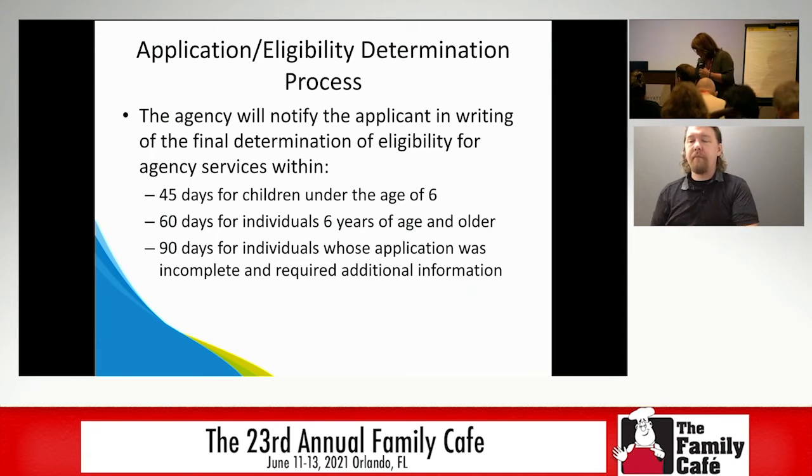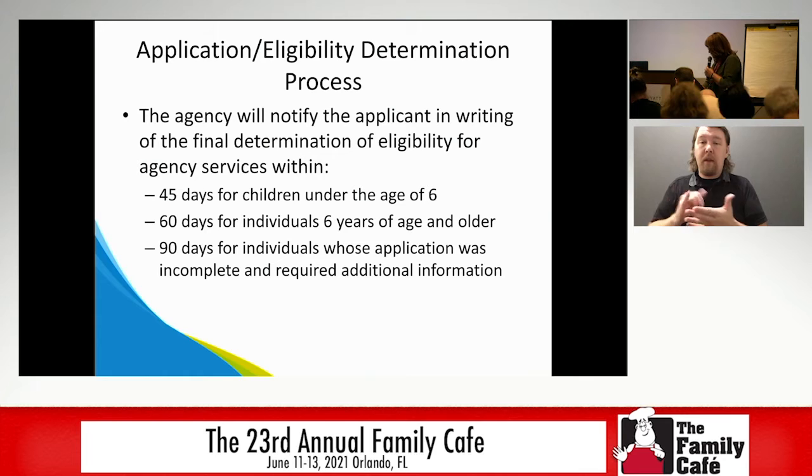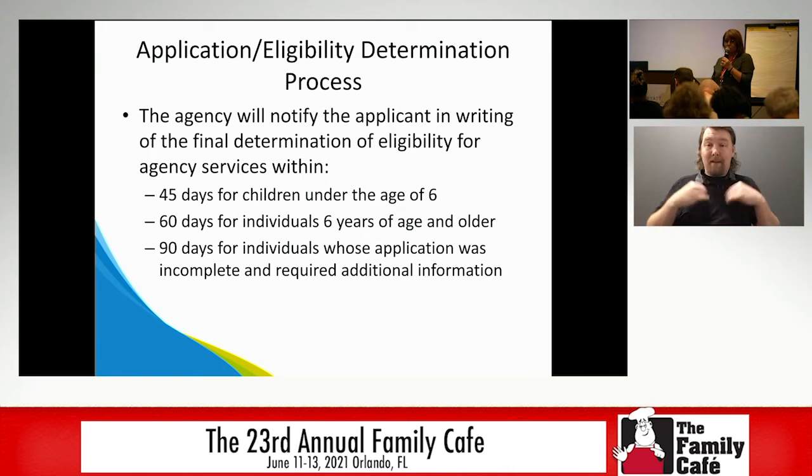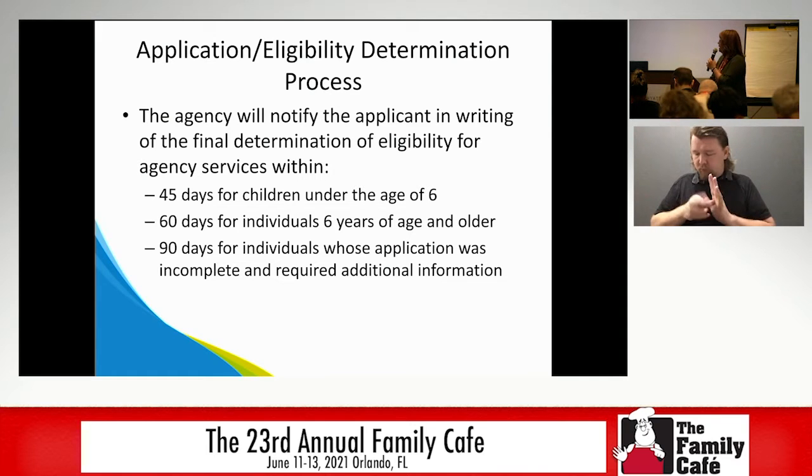The application and eligibility determination process includes the review of all available documentation by our regional APD staff, and we have 45 days from the date the application was received to issue a determination of eligibility or ineligibility, or 60 days for applicants aged 6 years of age or older, or 90 days when we need additional information.